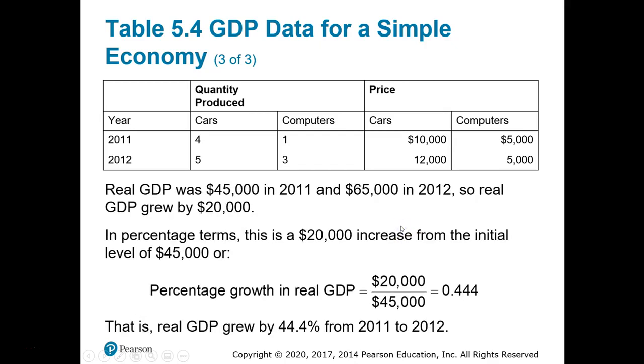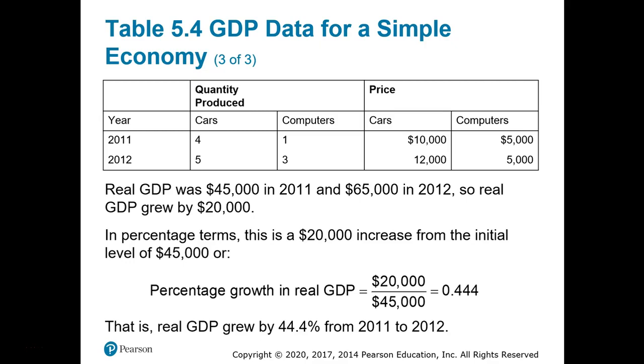So real GDP, 45 in 2011 and 65 in 2012. So real GDP grew by 20,000. In percentage terms, this is a 20,000 increase from its initial $45,000.